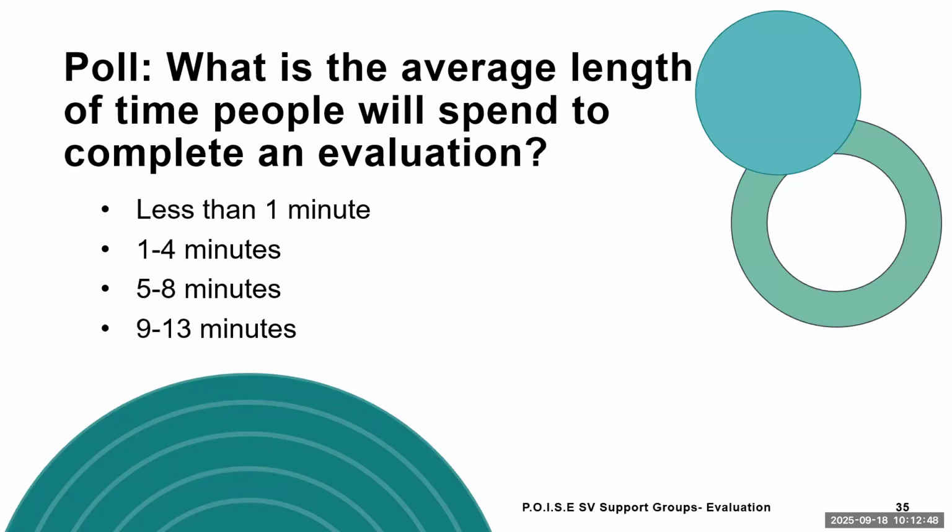So when we're thinking about our evaluations, we want to think about what is the key information that we want to know and that people will be able to answer in 5 to 7 minutes. At the same time, we don't want people to be rushing to answer the questions, right? But again, what is the most important thing that we want to know and what can be answered in that length of time?